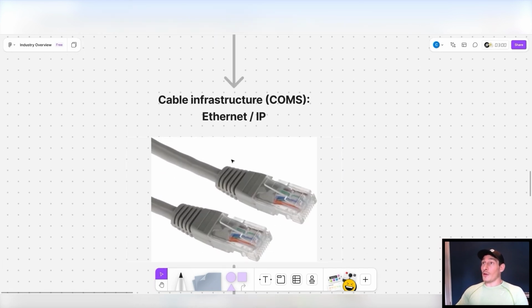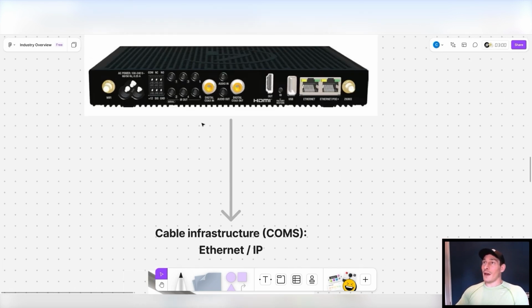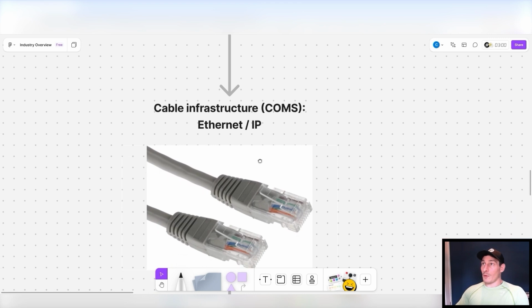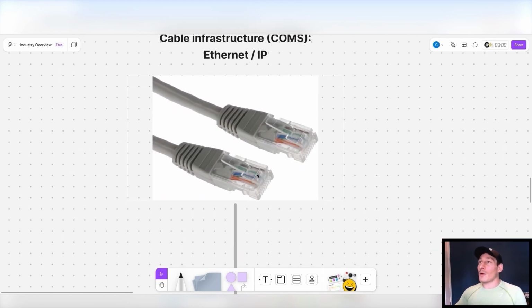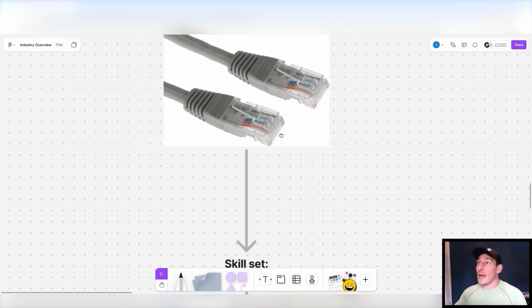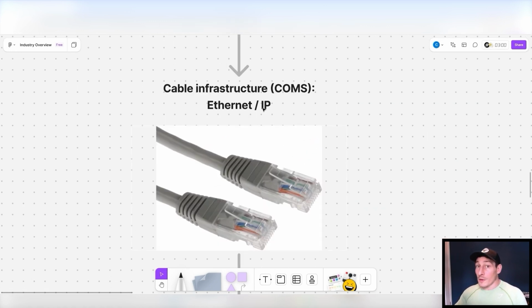I think you don't necessarily even need coax cables so much anymore, because you can put them over Ethernet, but don't hold me to that. I might be wrong on that one. But the bulk of it is Ethernet, and the protocol is IP, so Internet Protocol.